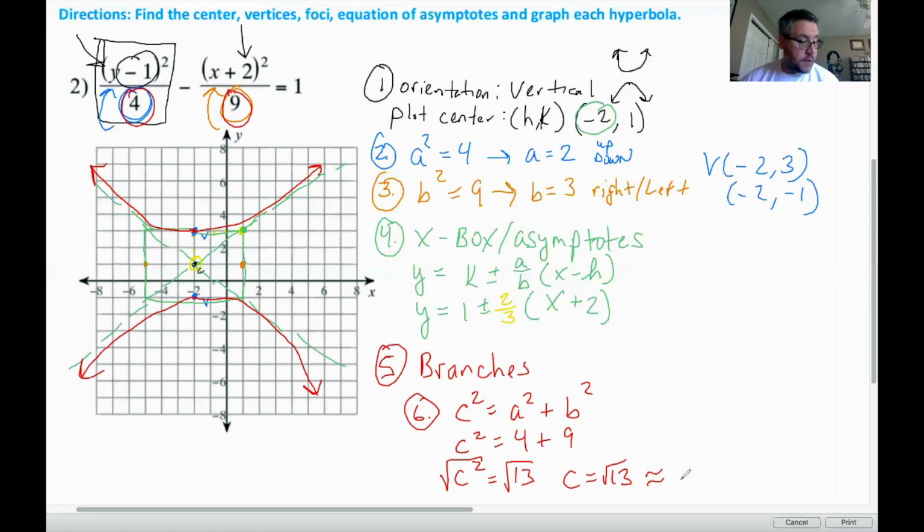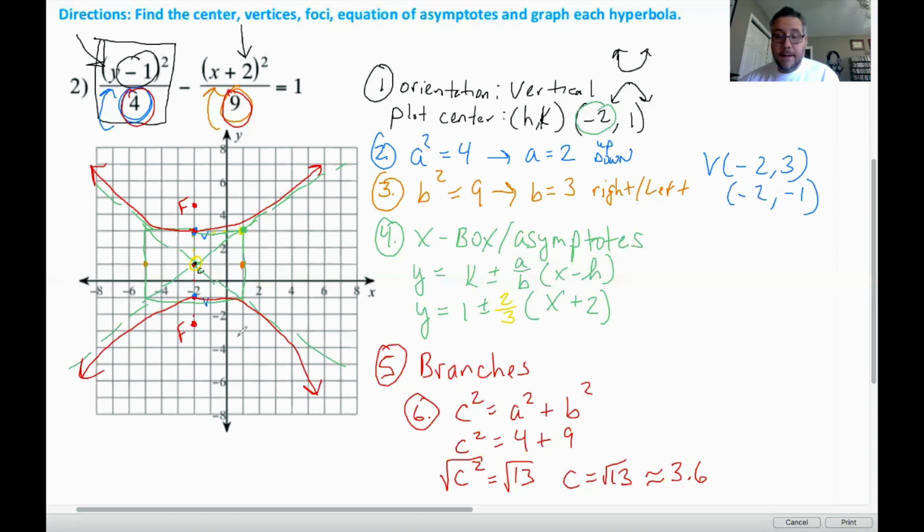The square root of 13 is approximately 3.6. So that means we have to start at the center of the picture here and walk 1, 2, 3, and 0.6 into the branch. So that's one focus point. Then start at the center and go down 1, 2, 3, and the 0.6. So we'd be right there. That's the other focus point.